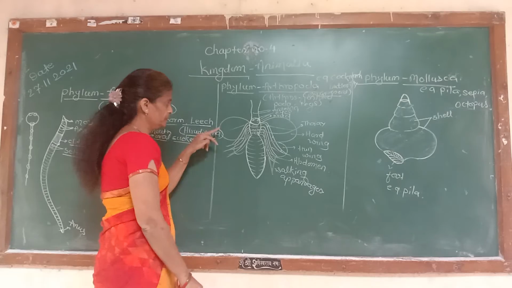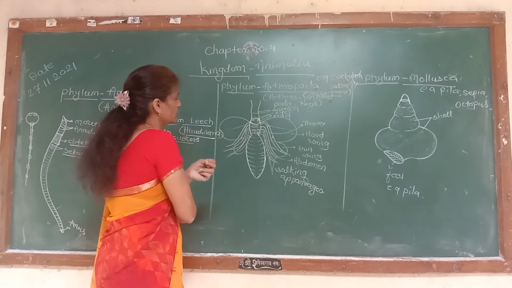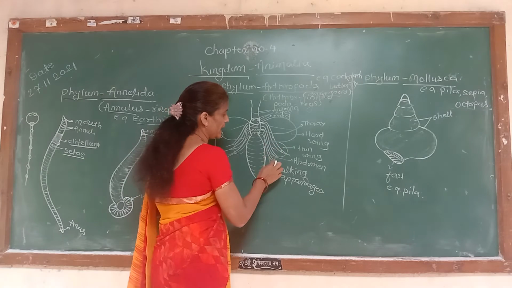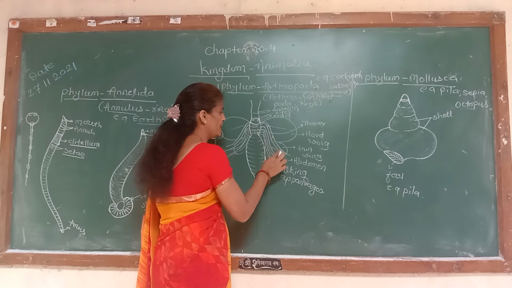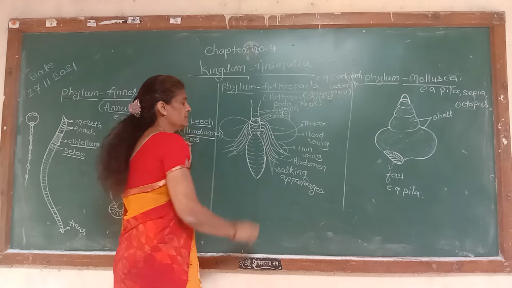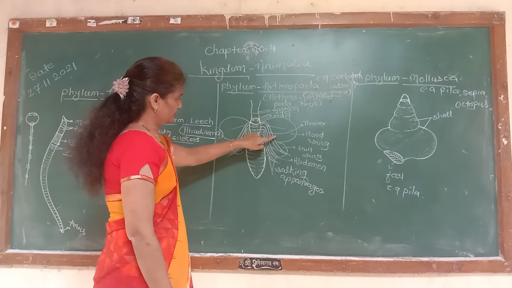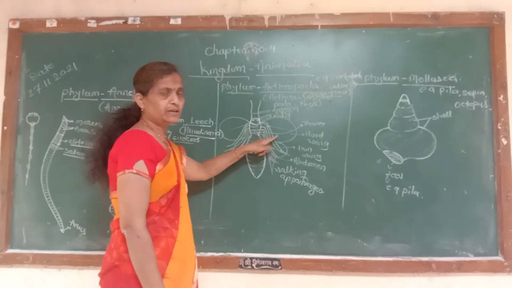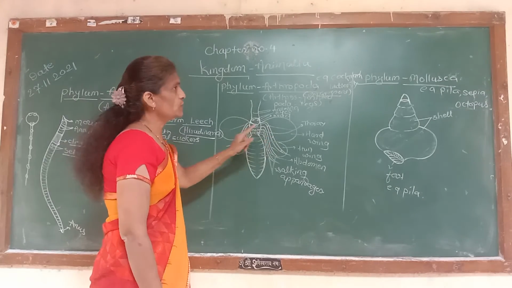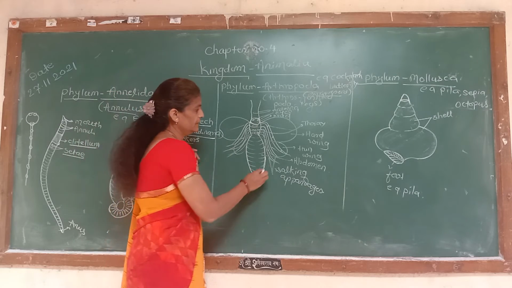prothorax, mesothorax and metathorax, in which three pairs of walking appendages and two pairs of wings are present. Here in the two pairs of wings, the first pair is thick and dark in color and is useful during flying.